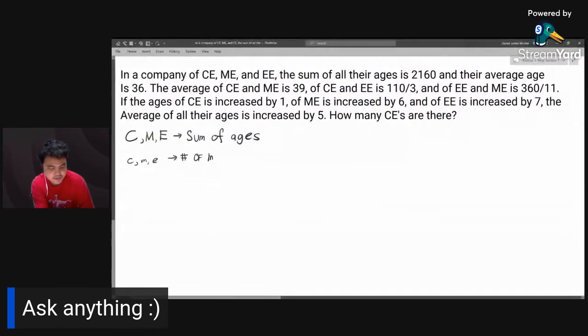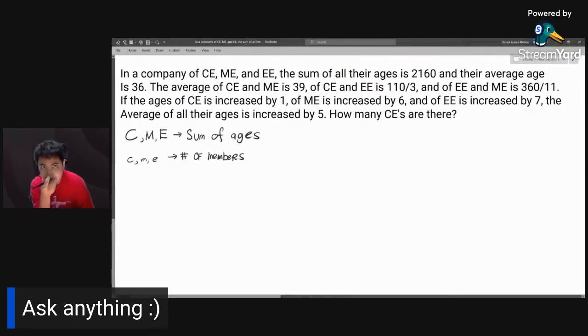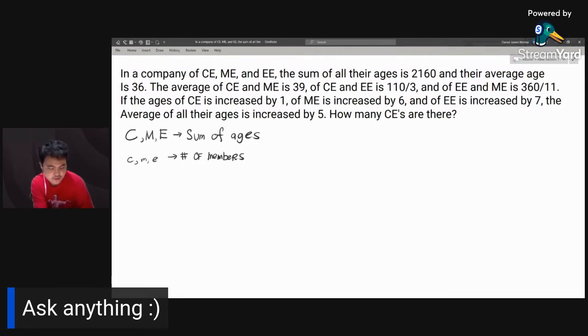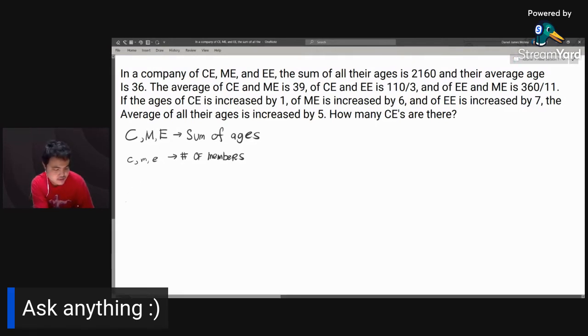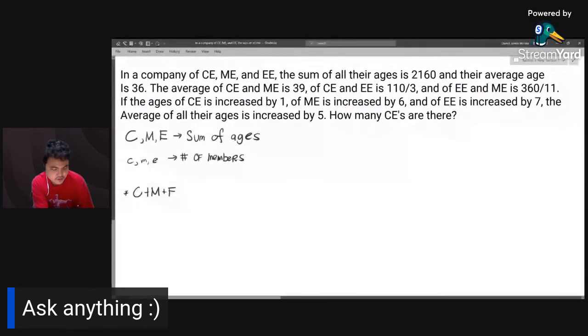Sabihin lang nating members. Yan. So, therefore, kung ang nakalagay is sum of all their ages is 2,160, yung first equation natin ay C plus M plus E is equal to 2,160.